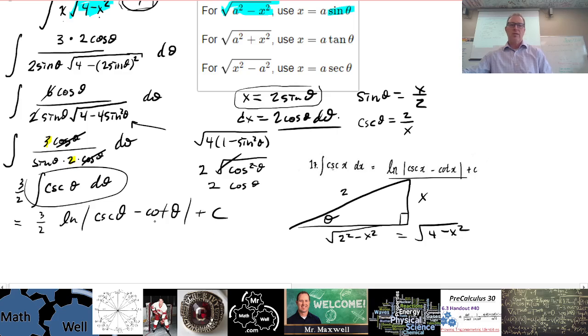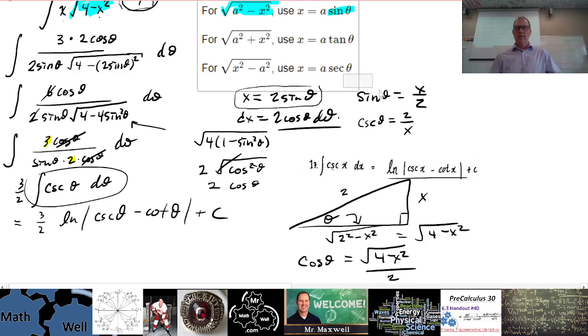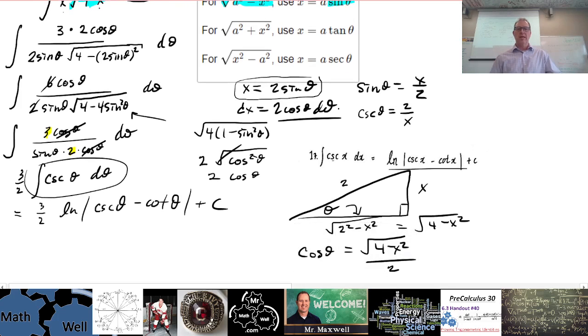I still need to find out what cosine is. So cos of theta is adjacent, so that's root 4 minus x squared over hypotenuse 2. And now that I have cosine, I can use the sine and the cosine to build cotangent, right? Because cotangent is cos divided by sine. So I have everything that I need to resubstitute this expression.